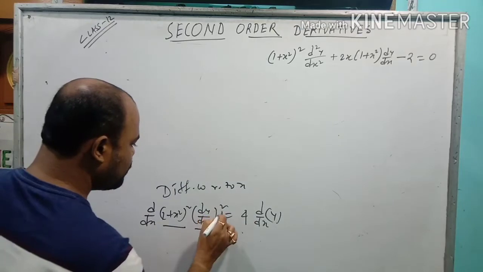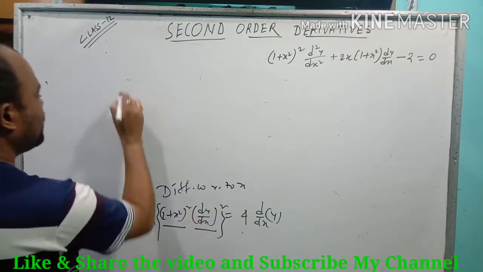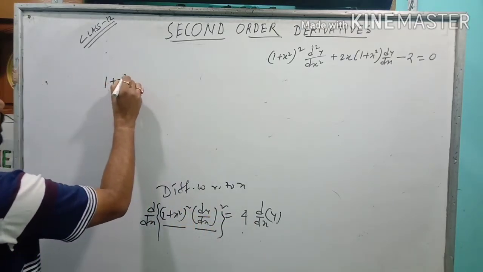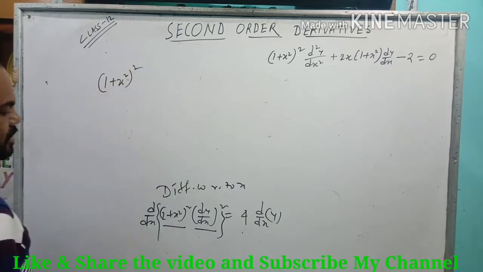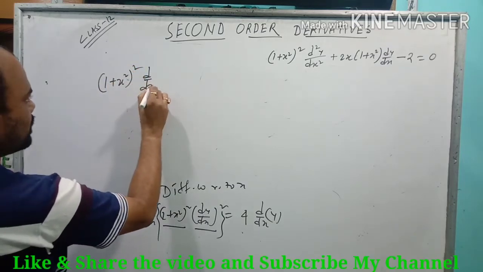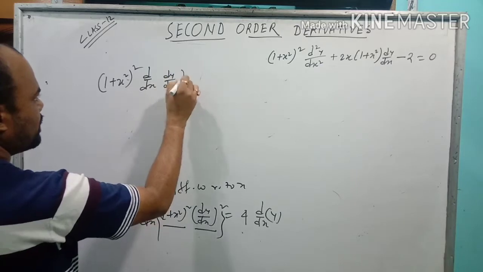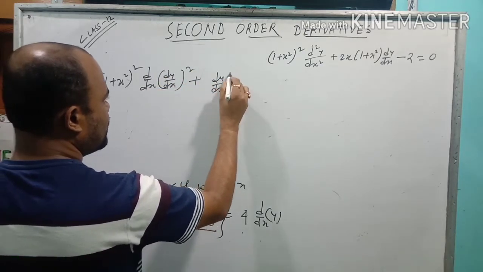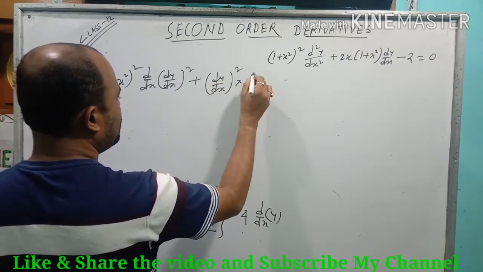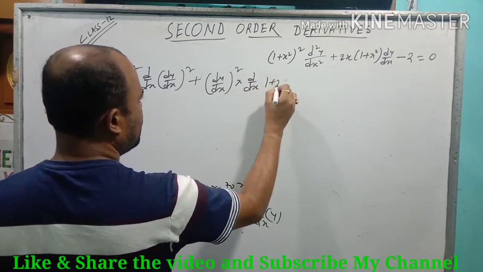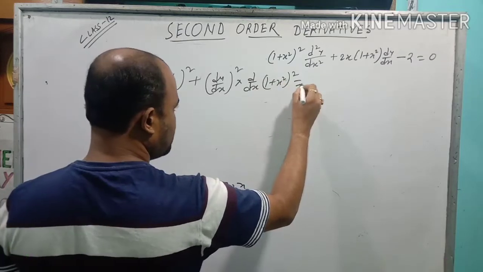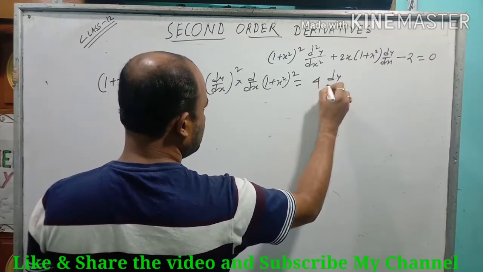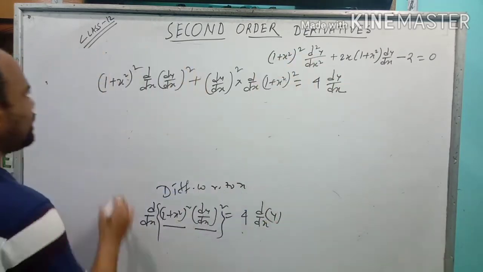Here see, another two functions are there, u into v. So we apply u into v, (1 plus x square) whole square into d/dx of (dy by dx) whole square plus (dy by dx) whole square into d/dx of (1 plus x square) whole square equal to 4. d/dx of y means dy by dx.